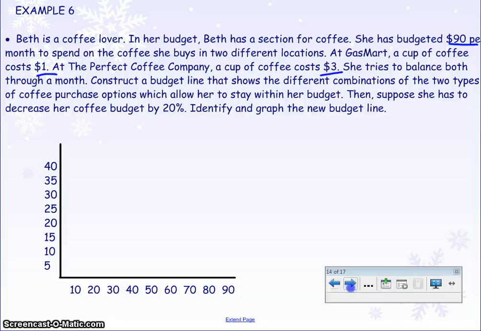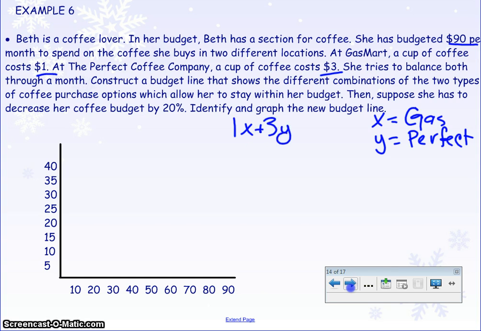If we say that X is my coffee at GasMart, and Y is the Perfect Coffee Company, I know that it's $1 for every cup of coffee I get at GasMart, and $3 for every cup that I get at the Perfect Coffee Company. And I know that my budget is $90.